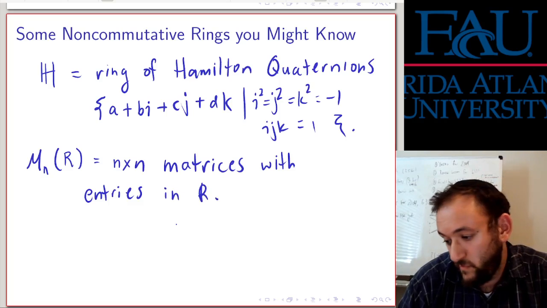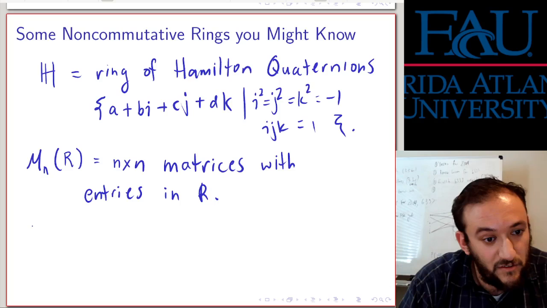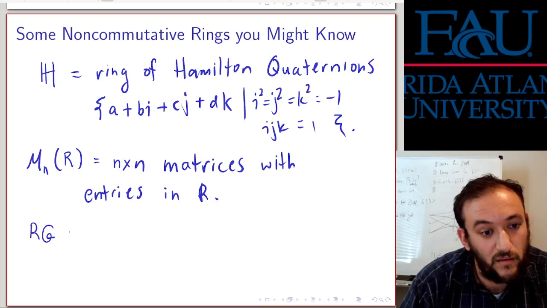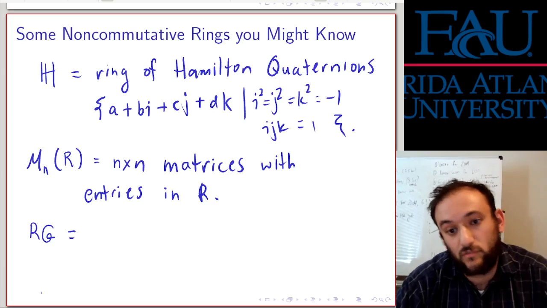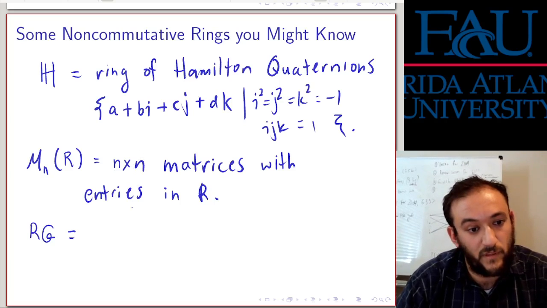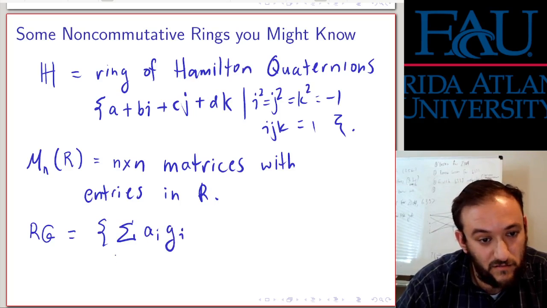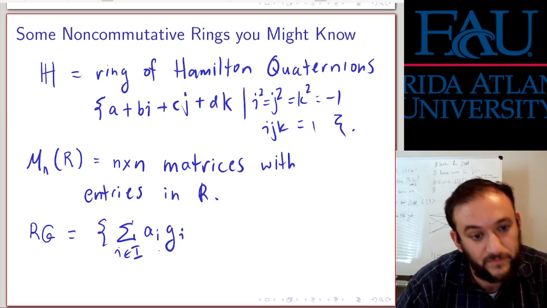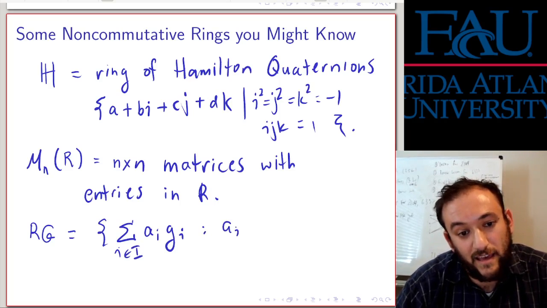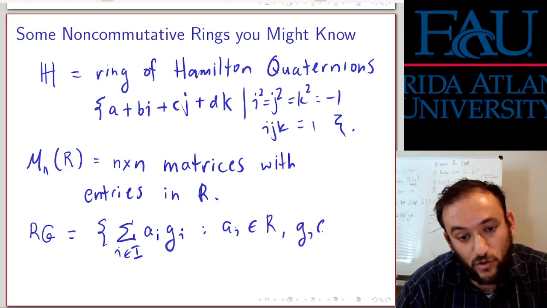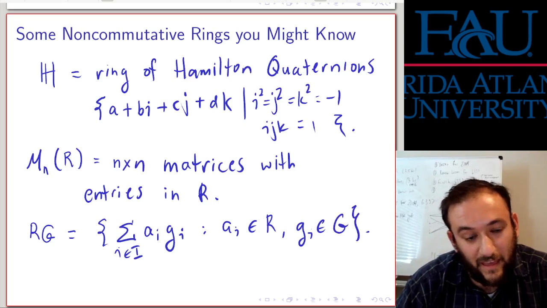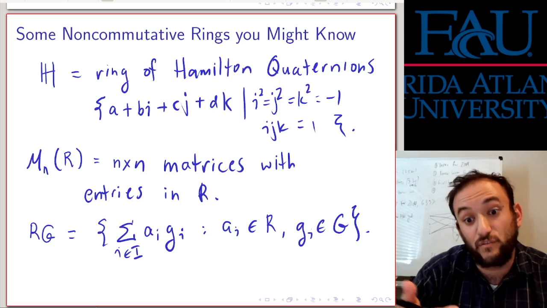And another non-commutative ring is a group ring over a non-abelian group. This is basically formal sums where you write the sum of a_i g_i over some index set, where a_i is in your ring R, and g_i is in your group. Addition, you just add as formal sums.